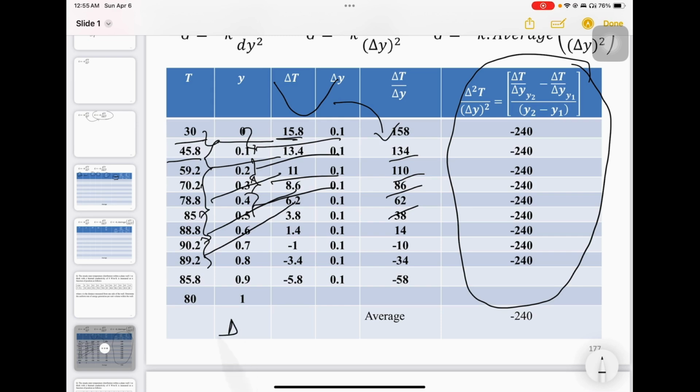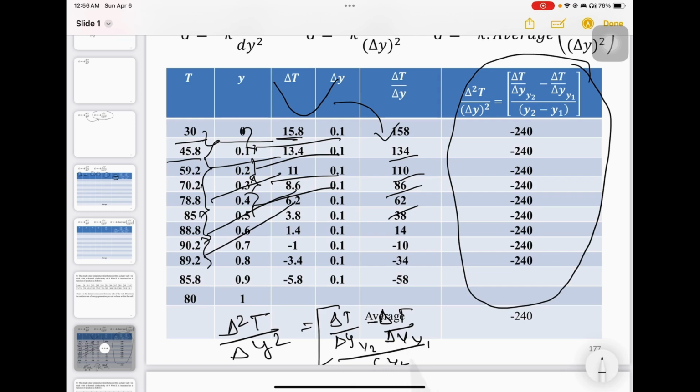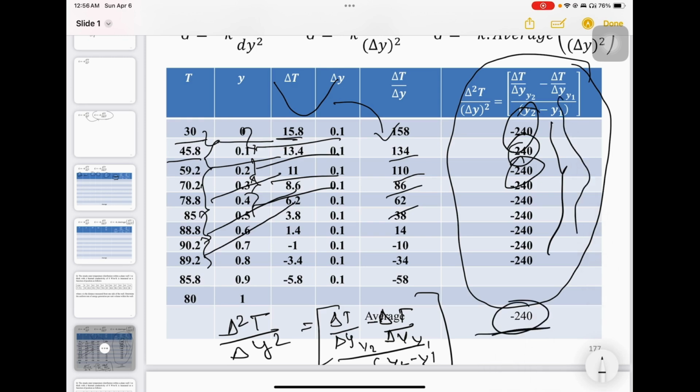We also know, according to the mathematics, delta square T upon delta y square will equal to delta T by delta y2 minus delta T by delta y1 upon y2 minus y1, which for each case comes out to be minus 240, where the average of this will also come out to be minus 240.